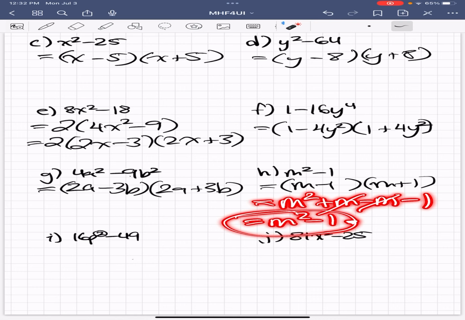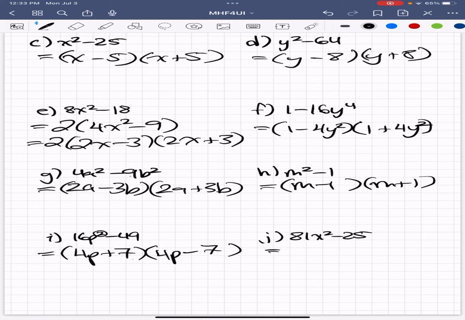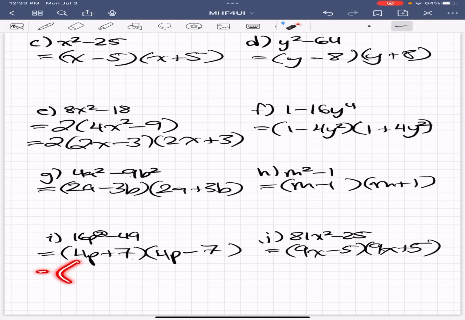And we end with the original expression. Let's factor this out or expand.